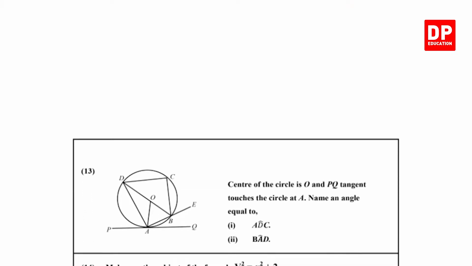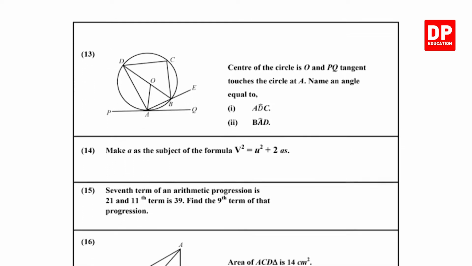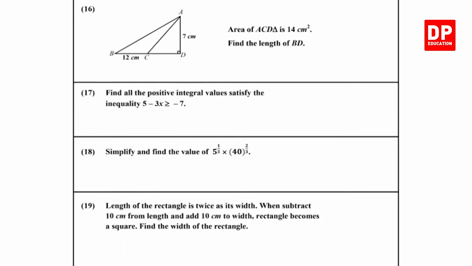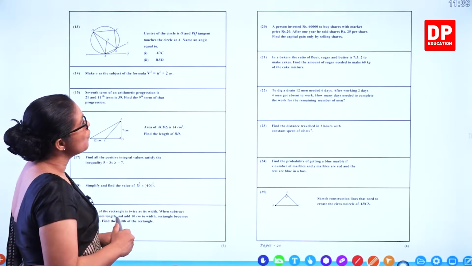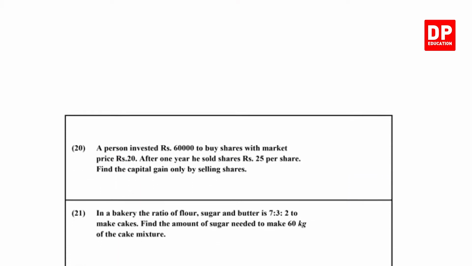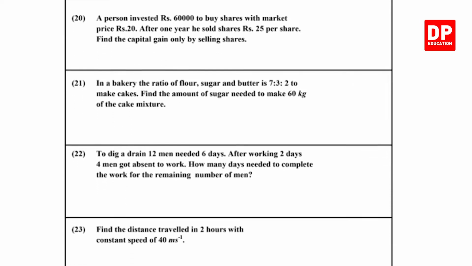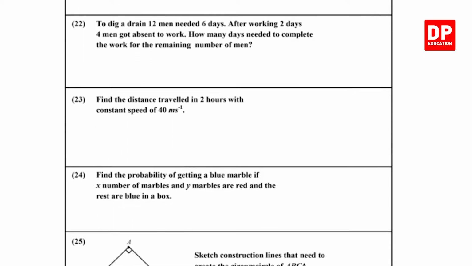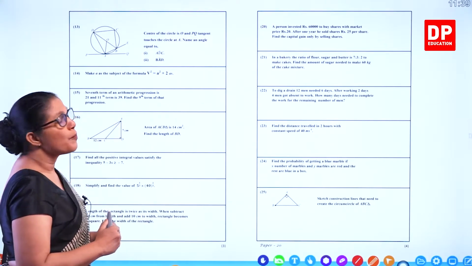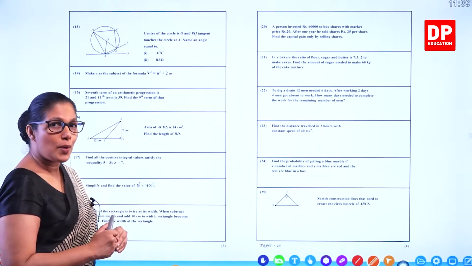And the last page, the fourth page, you get questions 20 to 25. So let's do question paper 20.